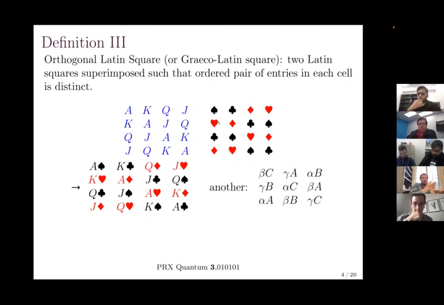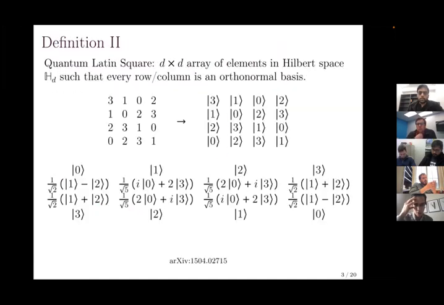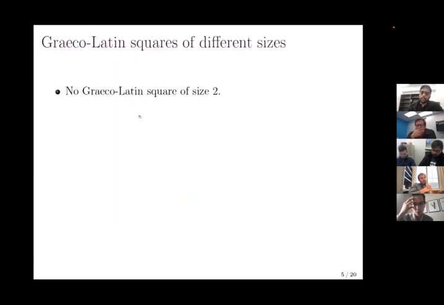Right, so every single one is different. In our case, there'll be 36 completely different things, but they'll each have 2 indices. Yeah, exactly. So we look at this quantum version of the orthogonal Latin square. It is not a quantum Latin square, but an orthogonal quantum Latin square, which has an extra added layer.